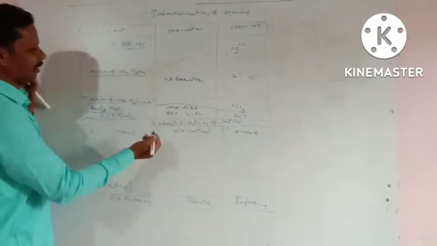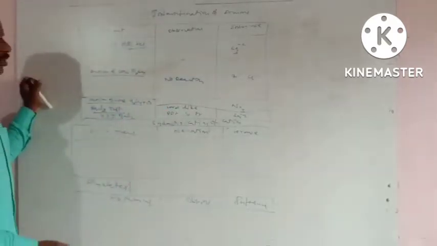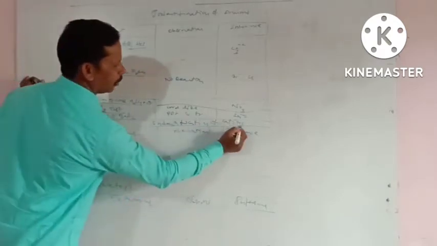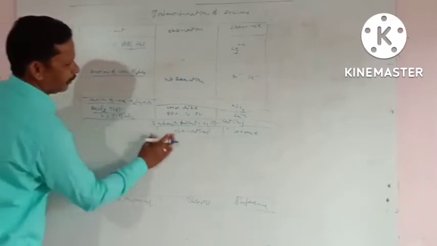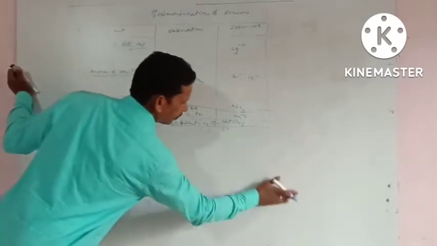Next, after the completion of anions, you go to the identification of cations. In cations, the first thing you write is the ammonium test.